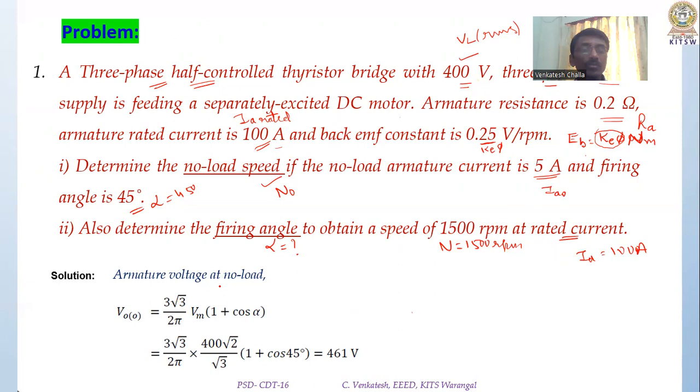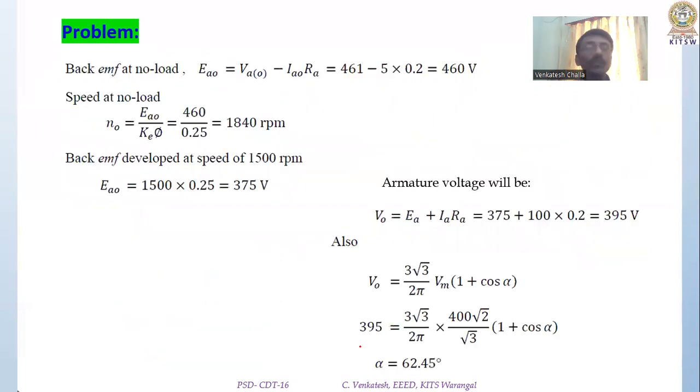Armature voltage at no load condition is Va naught equal to 3 root 3 Vm by 2 pi into 1 plus cos alpha, as it is a three phase full wave half controlled converter. Substituting, we get that Va average is 461 volts. Since IA naught is 5 amperes at no load, we can find the back EMF induced.